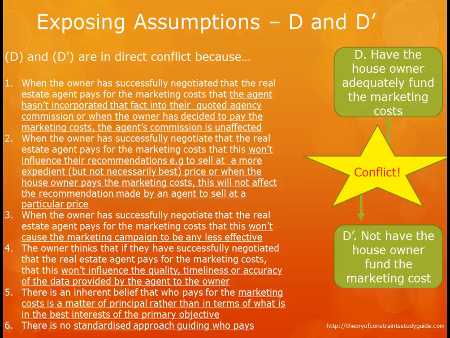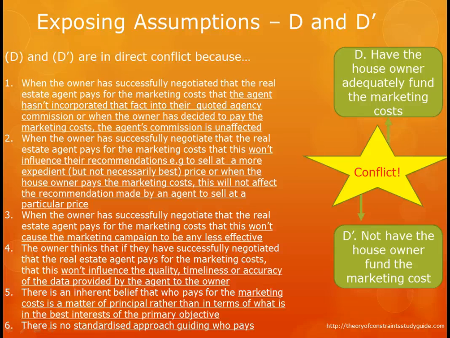I.e. is the agent motivated to try and sell the house quicker as a result of paying the agency cost, and therefore in that respect the owner pays for it by accepting a lower price than he would have otherwise. But another way of wording that is that when the house owner pays for the marketing costs, this will not affect the recommendation by an agent to sell at a particular price. So again, looking at those two perspectives, you can word it one way or another.